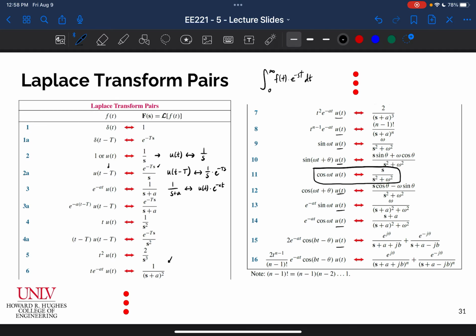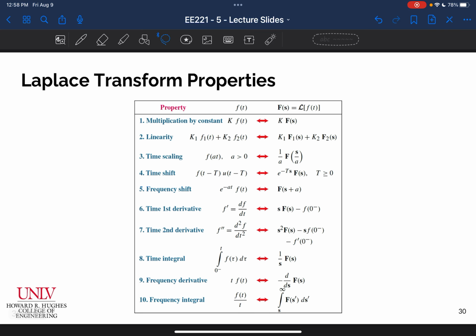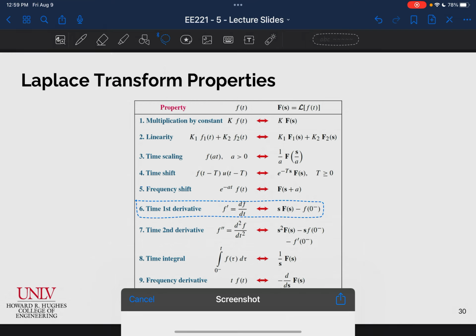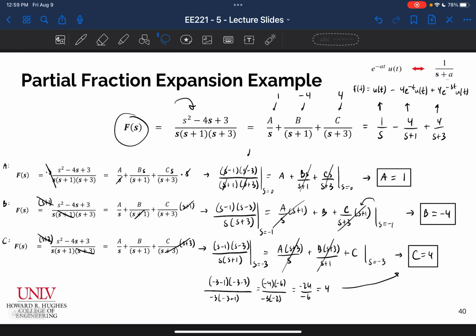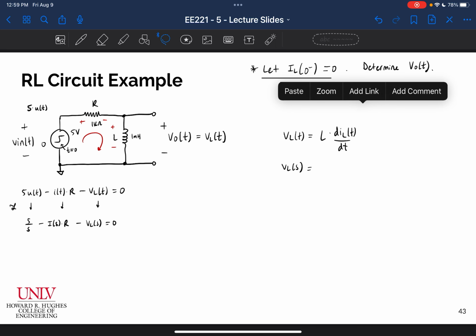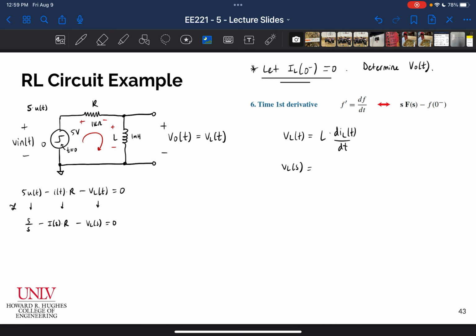So we look at the Laplace transform properties, and we want time differentiation, right? Because we're looking at L di/dt, so we want this derivative here. All right, and then let's go back. So we're right here. The time differentiation property basically says that we need to take our function.